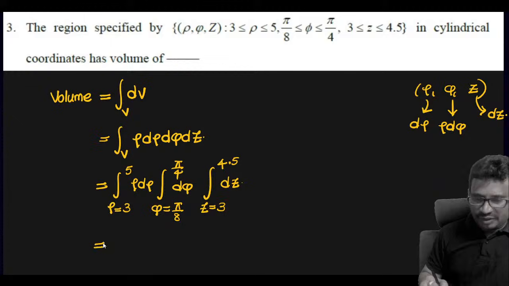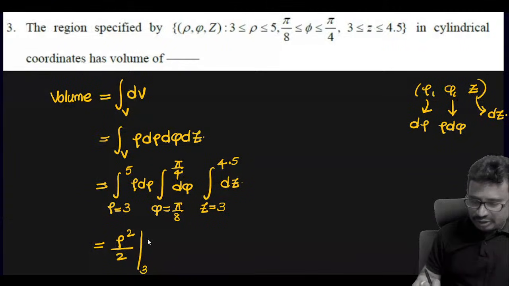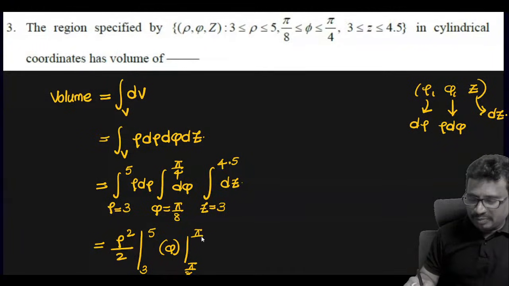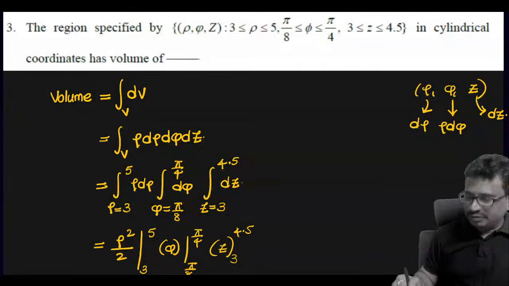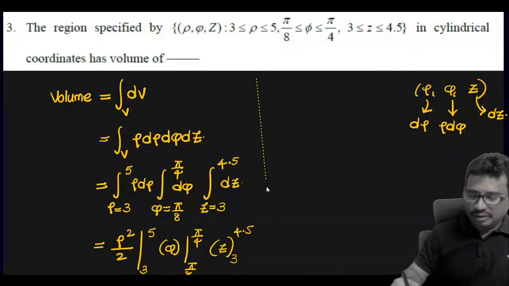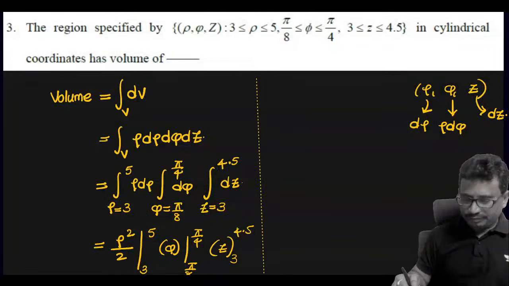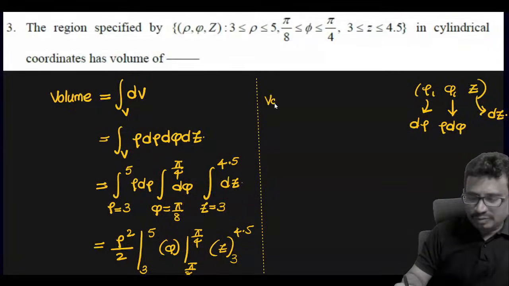Simplify this: it will come as rho square by 2, limits 3 to 5, and phi, limits pi by 8 to pi by 4, and z, limits 3 to 4.5. Now simplify and get the volume.